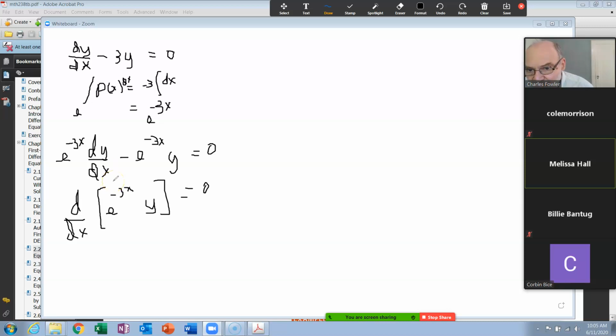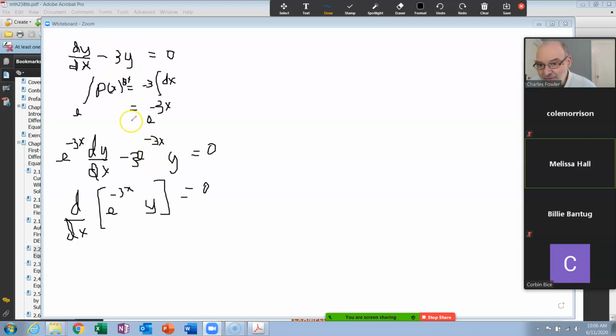I think I've done something stupid here, but I can't see where it is. Well, let's go on. That needs a 3 in it. Oh, yes, of course it does. This had a minus 3 in it. I put the minus sign, but I didn't put the 3. Sorry about that. And I multiply e to the minus 3x times that minus 3y.